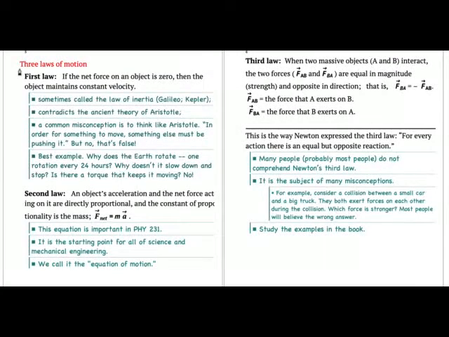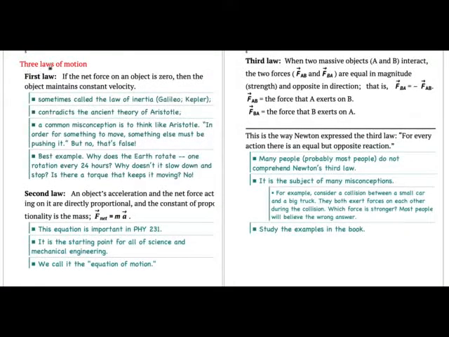Every mechanical engineer makes use of Newton's laws of motion to design motors, engines, any kind of mechanical system. NASA uses Newton's 3 laws of motion to calculate the motion of satellites or rockets.